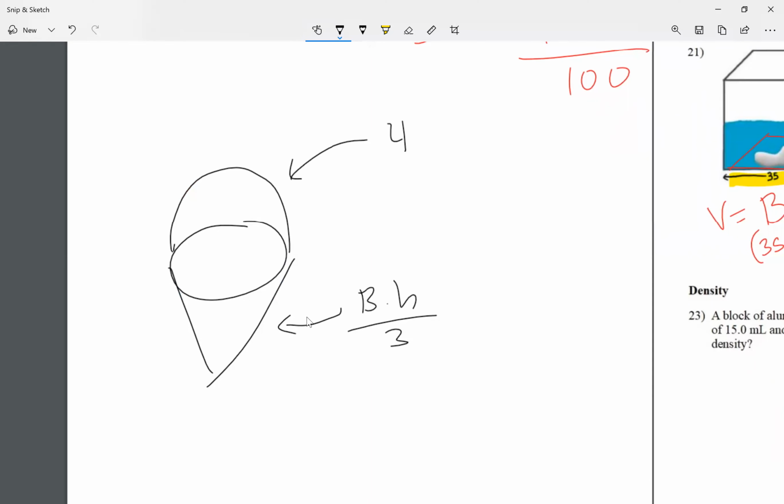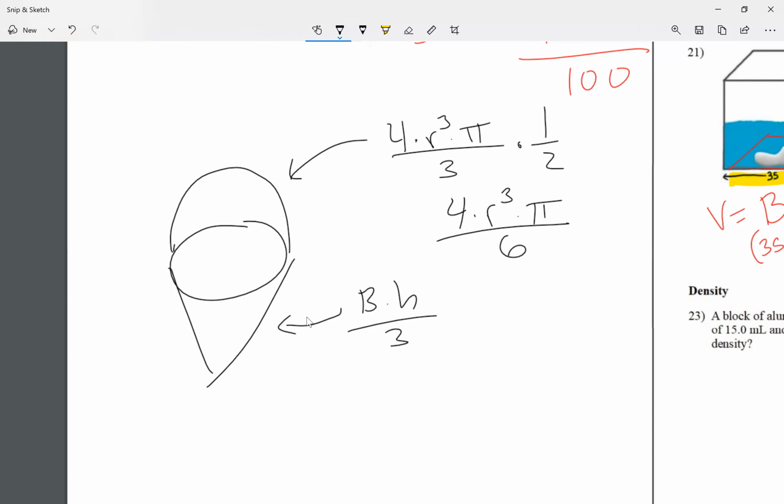It was 4 times radius cubed times pi divided by 3. Remember, that was a whole sphere. So for the hemisphere, let me multiply this by 1/2. So it will give me 4 times radius cubed times pi over 6.